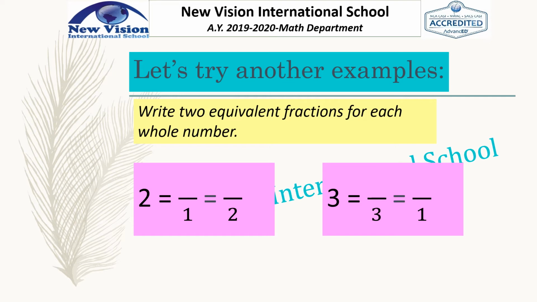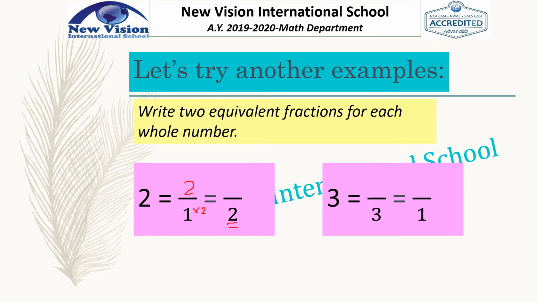Now we know that another way of writing the whole number 2 is writing 2 as the numerator and 1 as the denominator. So 2/1 is an equivalent fraction for the whole number 2. Now, on the next fraction we have here, we know that the denominator is 2. Okay, it's very easy. Just simply multiply 1 with the 2. That's why we have here the denominator 2.